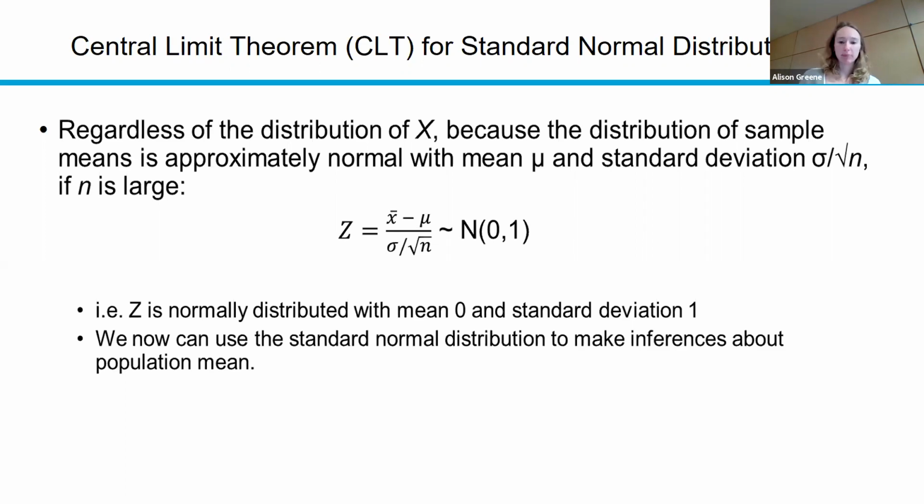You standardize it by taking your estimate here, which is x bar, and you subtract the mean and divide by the standard error. This is just the formula for standardizing something. What this is going to do is cause your test statistic to be normal, mean 0, standard deviation 1.